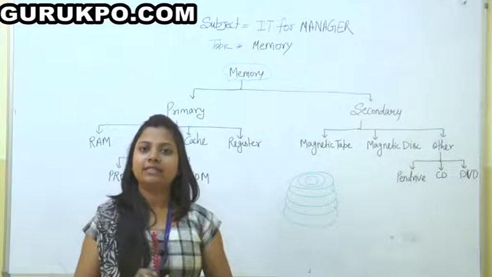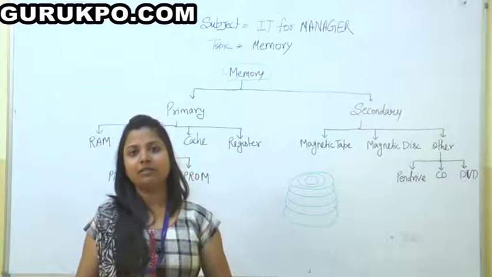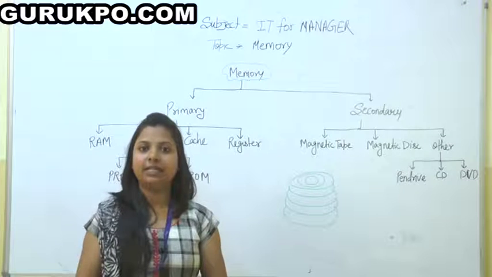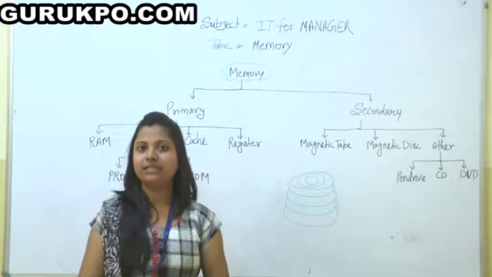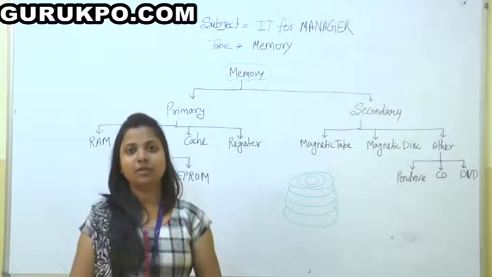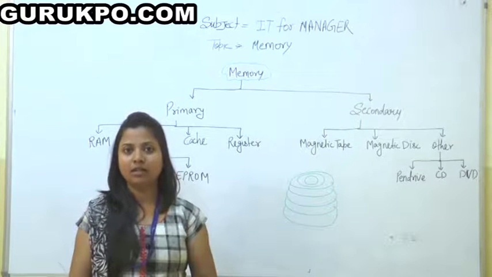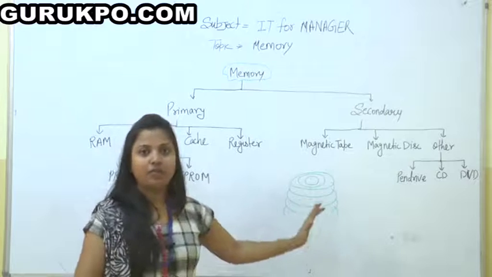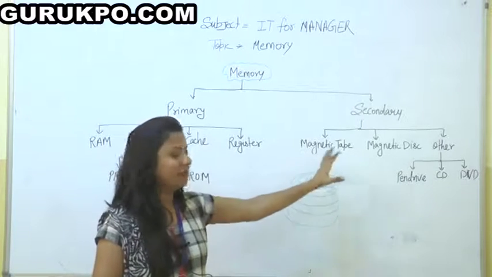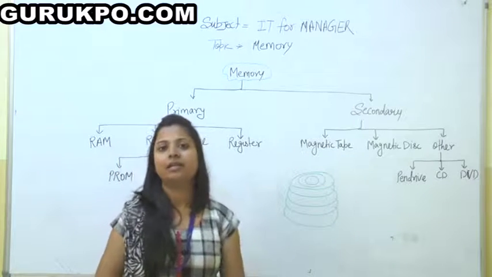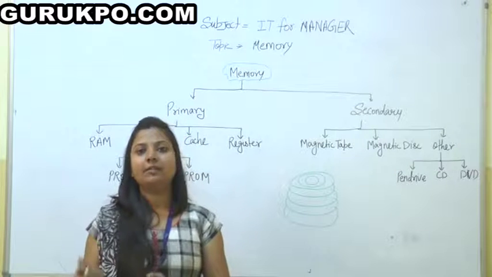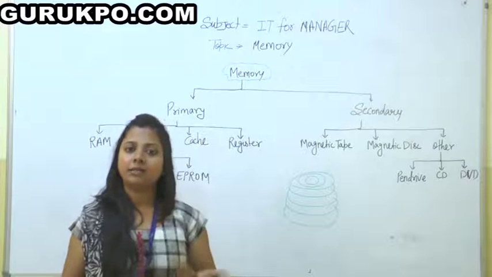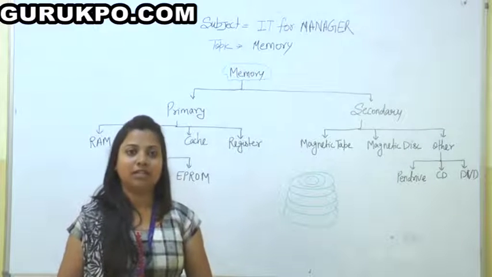So data is inserted in tracks or sectors in a magnetic disk. If we want to delete data and reinsert data, it is also possible in a magnetic disk. By using ultraviolet lights we can erase it. The magnetic material remains the same in both magnetic tape and magnetic disk. Data is inserted in a magnetic material, saved permanently, and can be erased by using ultraviolet lights.